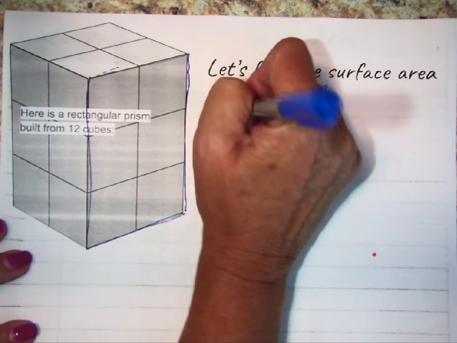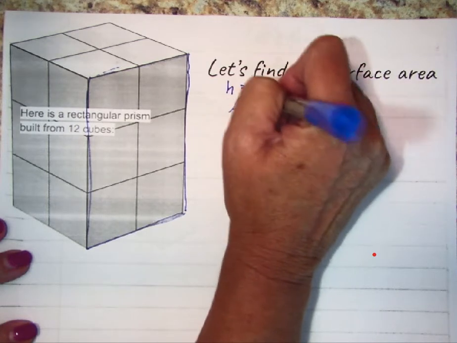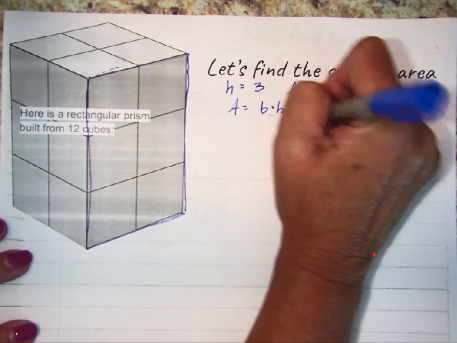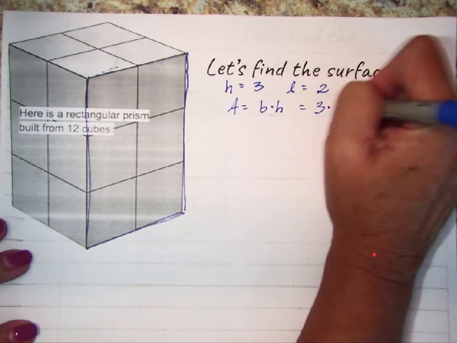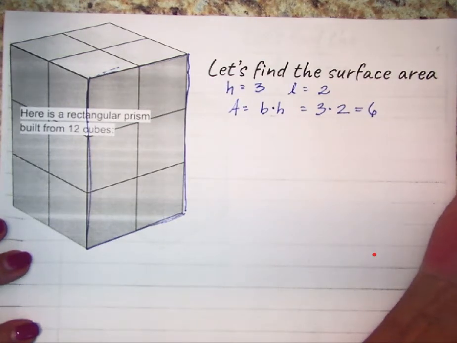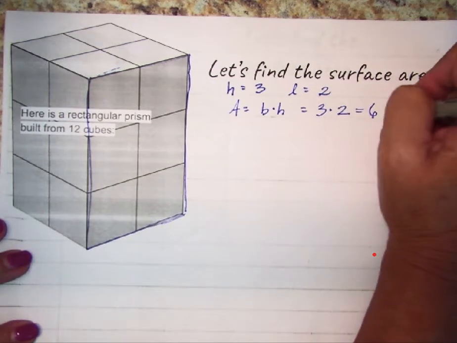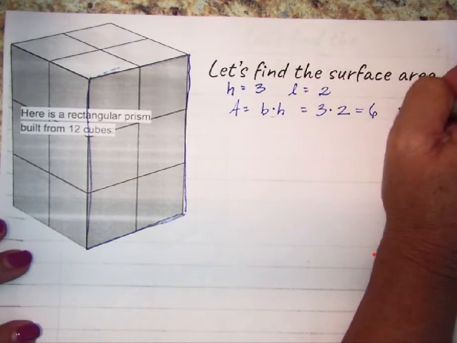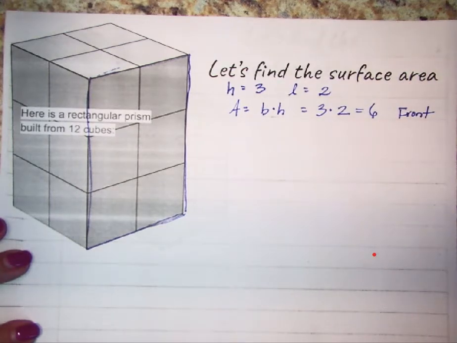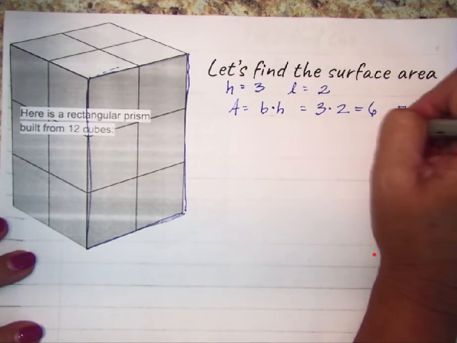So the area is going to be B times H, 3 times 2, which is 6. But this is for the front. Is there another side that's going to have the same area as the front? Well, of course, the back.